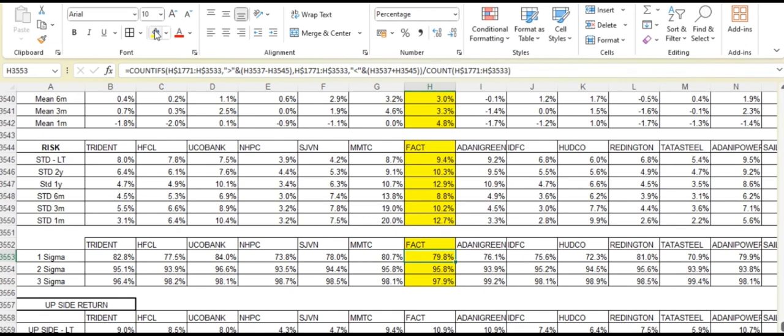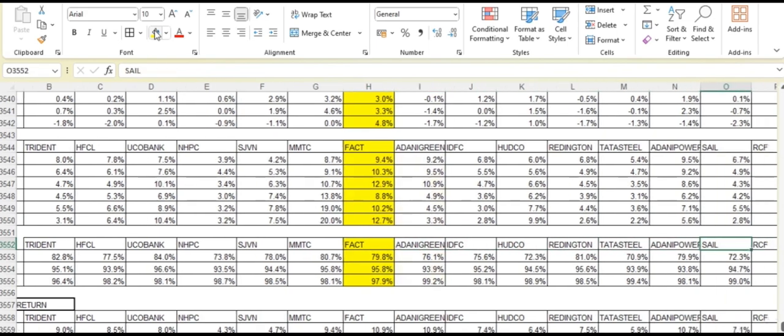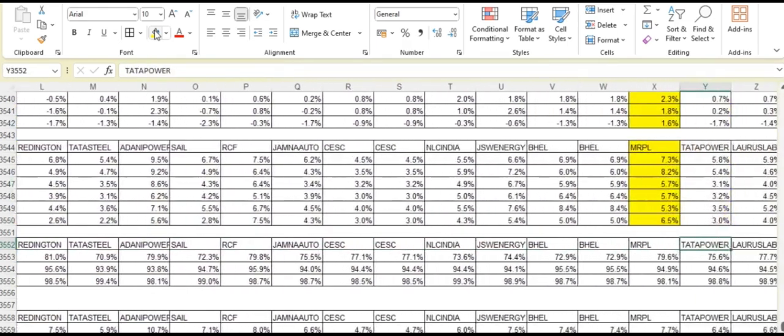However, the 2 sigma value is about 95%, and the 3 sigma value is slightly lower than the 99% compared to a standard normal distribution. Similarly, if you go to the right and look at the values for MRPL, it also seems to have a similar distribution. So about 80% for 1 sigma, 95% for 2 sigma, and about 98% for 3 sigma.